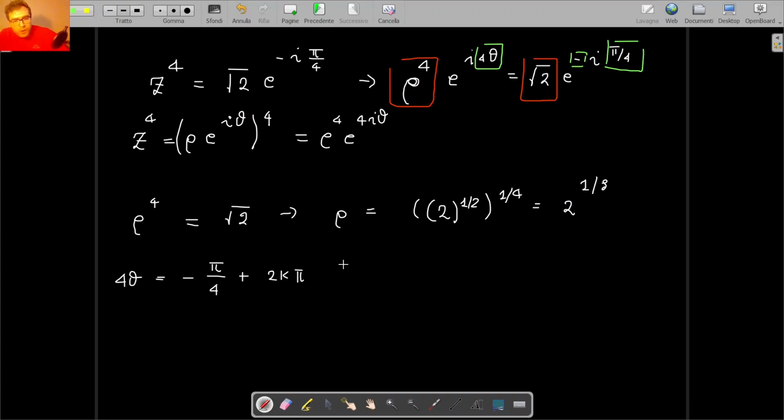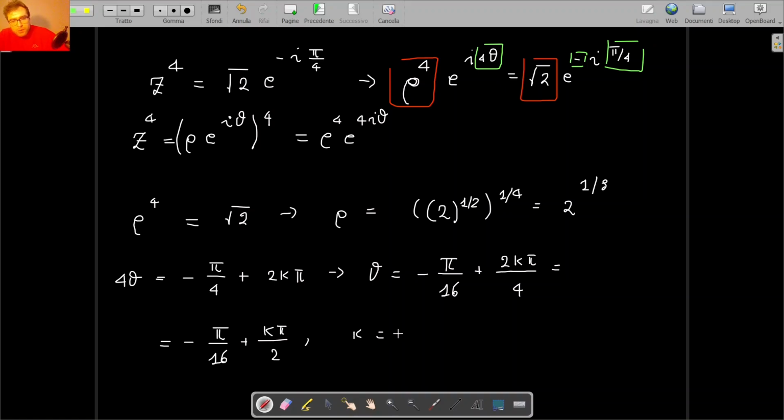and we can finish here with theta equal to minus pi over 16 plus 2k pi over 4, so minus pi over 16 plus k pi over 2, with k going from 0 to 3, since we extracted the 4th root.